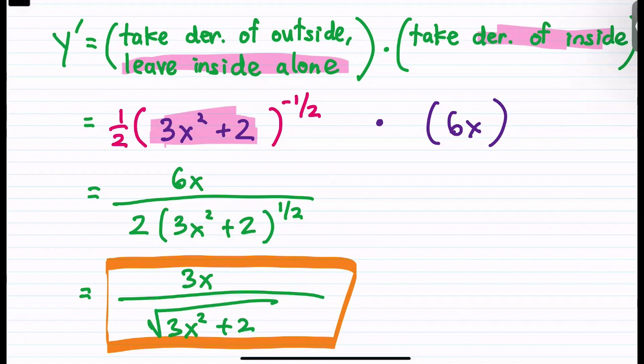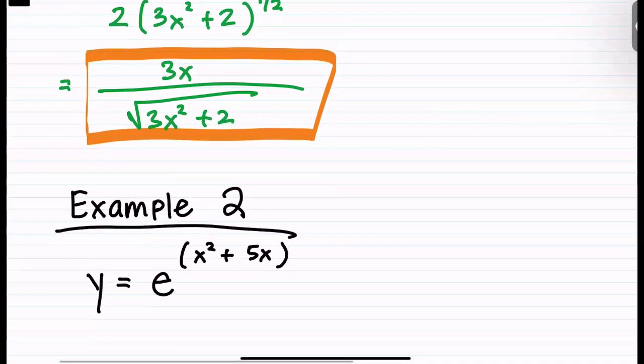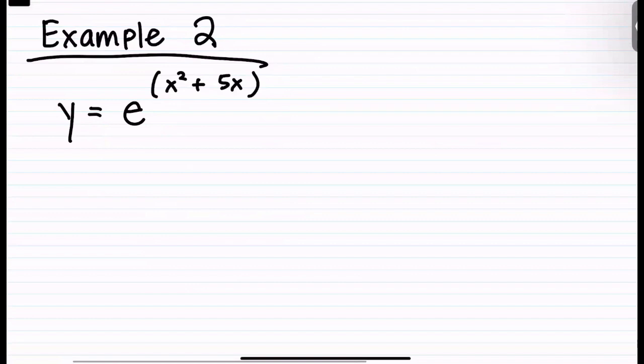Let's take a look at our next example. Here's our second example. This is another composite function where the outside function is this exponential function and its inside function is this polynomial here. The rule doesn't change, so we will first take the derivative of the outside function.